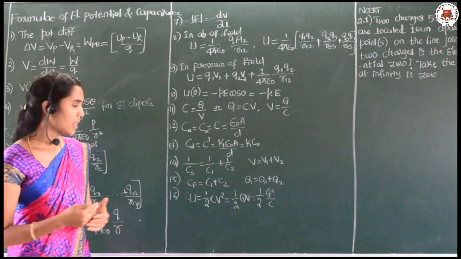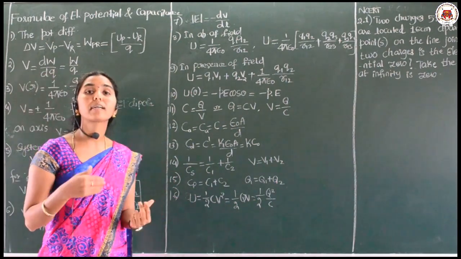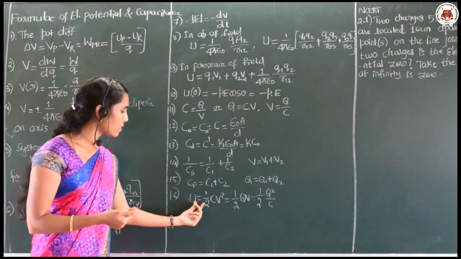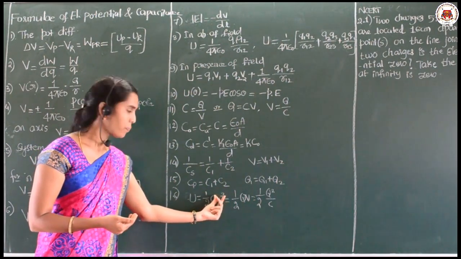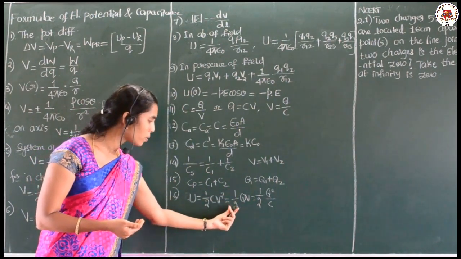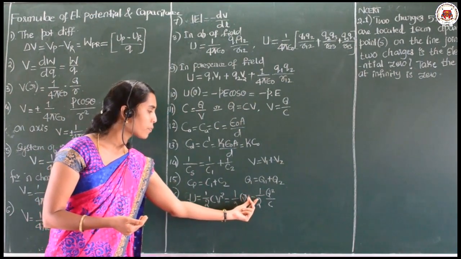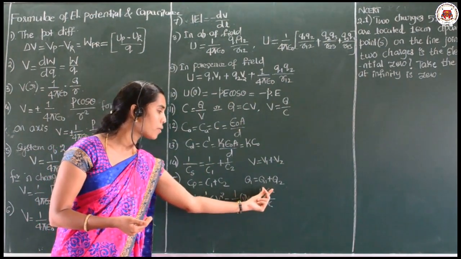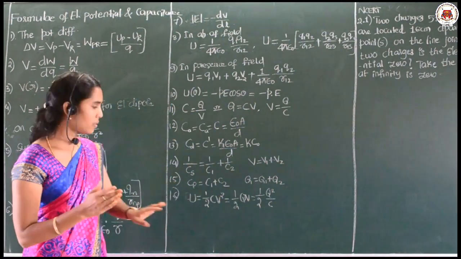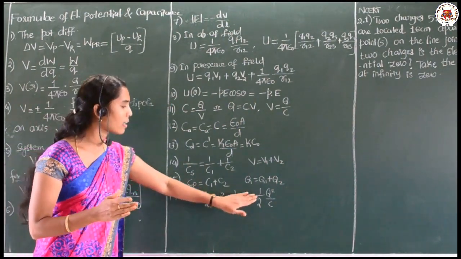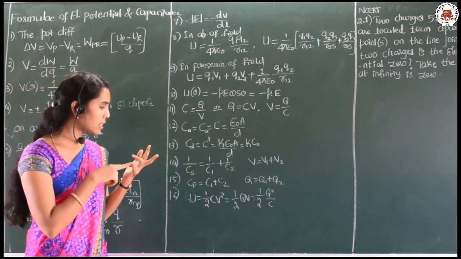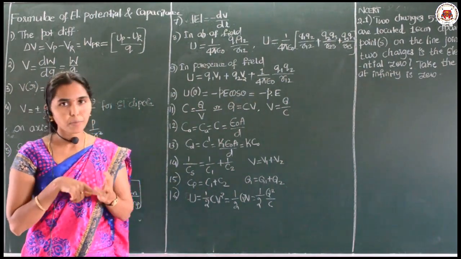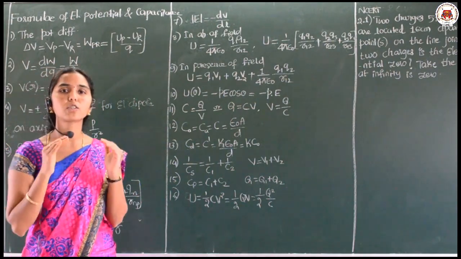At the last, the energy stored in the capacitor is U = 1/2 CV², which is equal to 1/2 QV, which is equal to 1/2 Q²/C. The same formula can be modified into three different forms, where C is the capacitance, V is the potential, and Q is the charge.